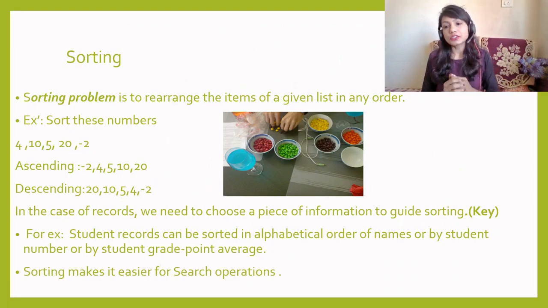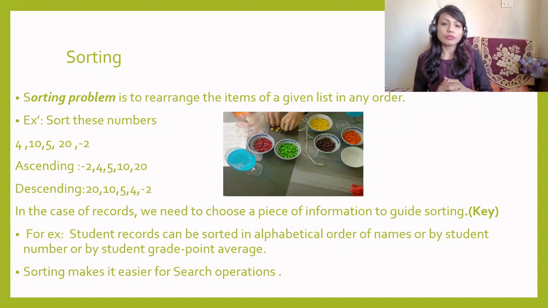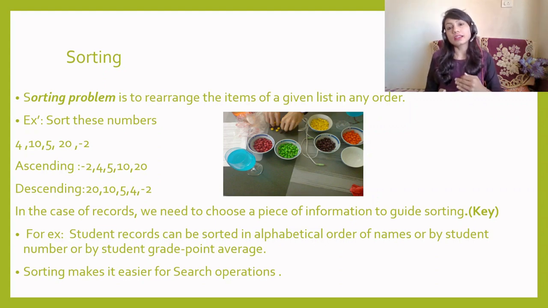Next, sorting also makes the searching operation easy. For example, you have seen in dictionaries or in the telephone list that the list is sorted according to alphabetical order. This makes searching very easy.